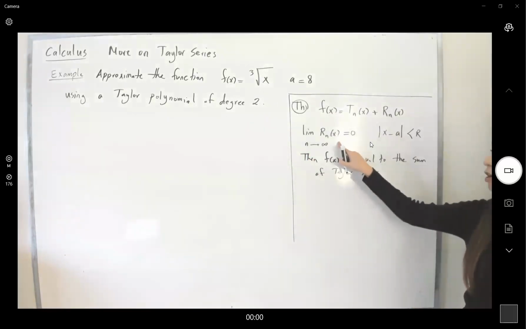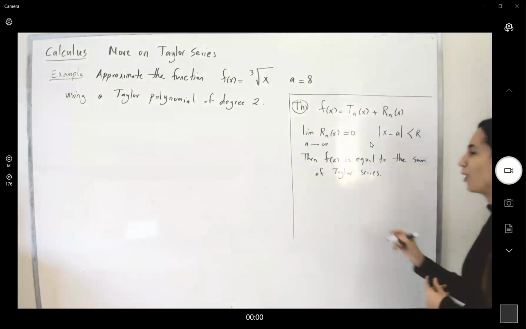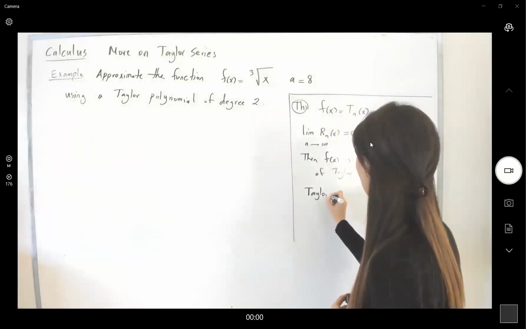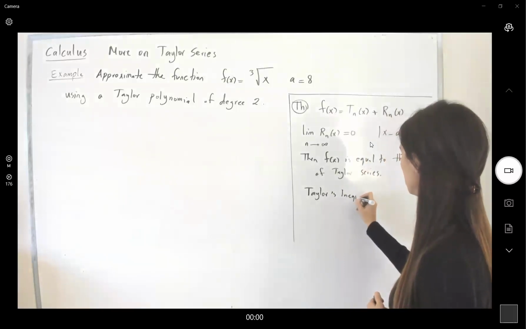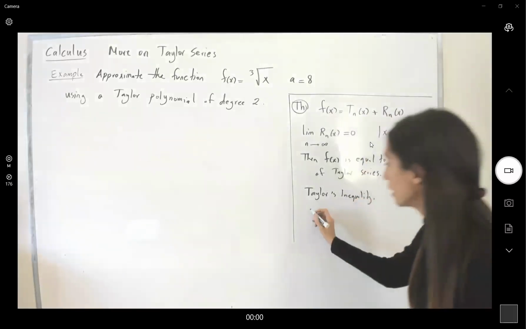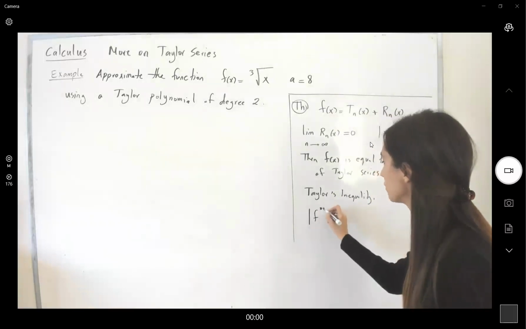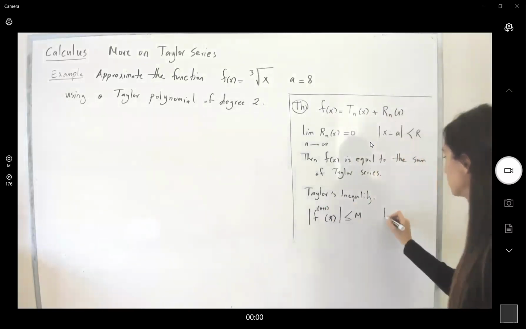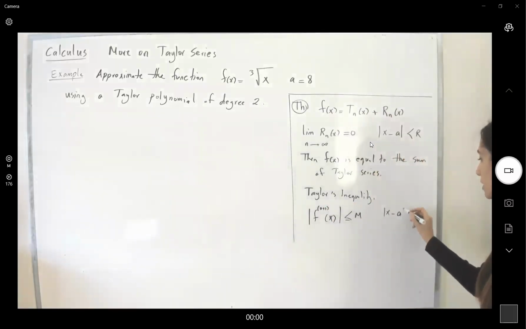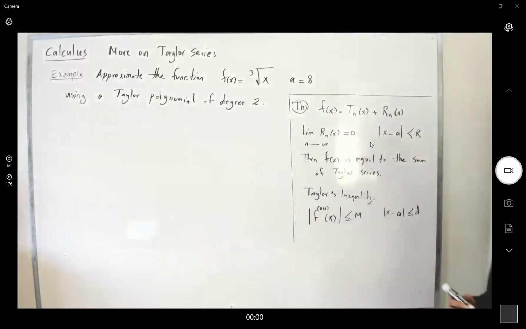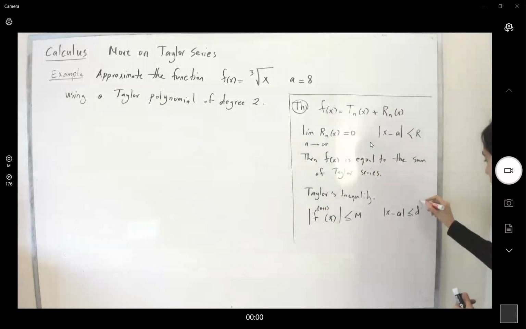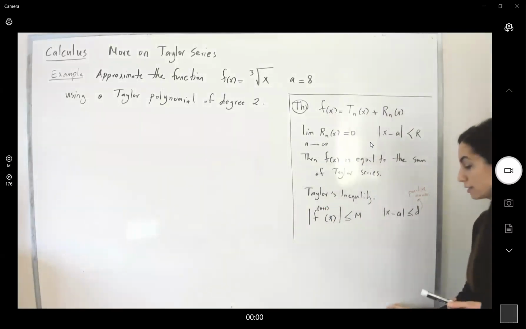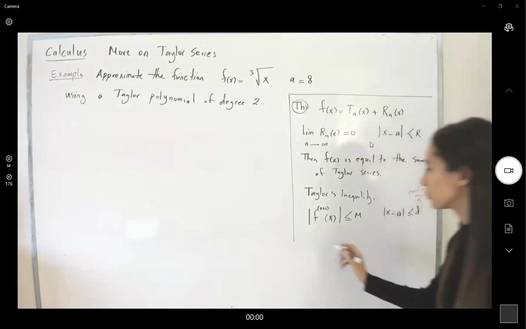And to find the limit of Rn, we're using Taylor's inequality. It says, hey, if the higher derivative of the function is less than or equal to M, on the interval absolute value of x minus a less than or equal to d, where d is just a positive number, then if this condition is met, you can find an upper bound for your remainder.